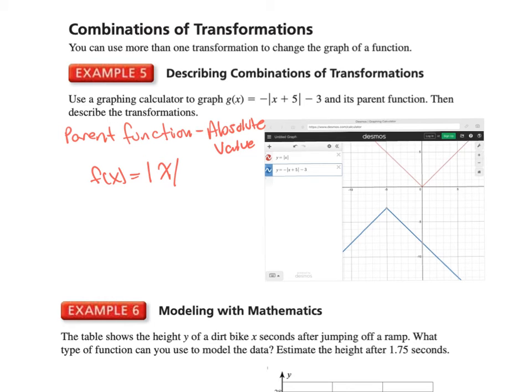The first thing I want to do is move the red function, which is our parent function, 5 units to the left. So now we have something that looks like this. Then I want to flip it upside down, so I want to reflect over the x-axis.